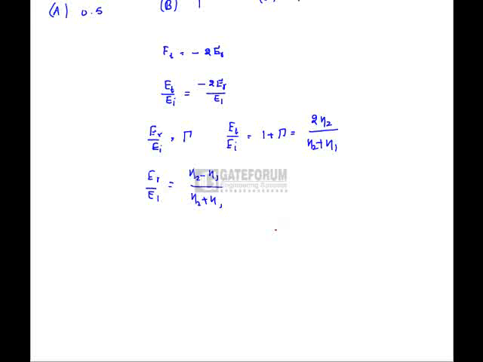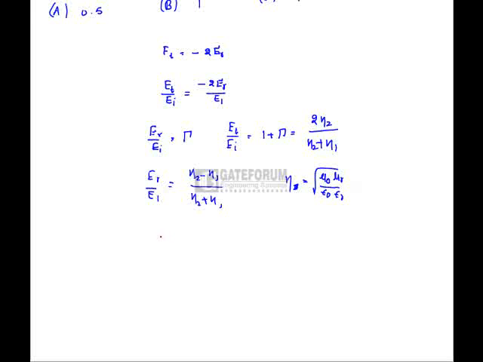Eta 2 is the intrinsic impedance of dielectric 2, whereas eta 1 is the intrinsic impedance of dielectric material 1.